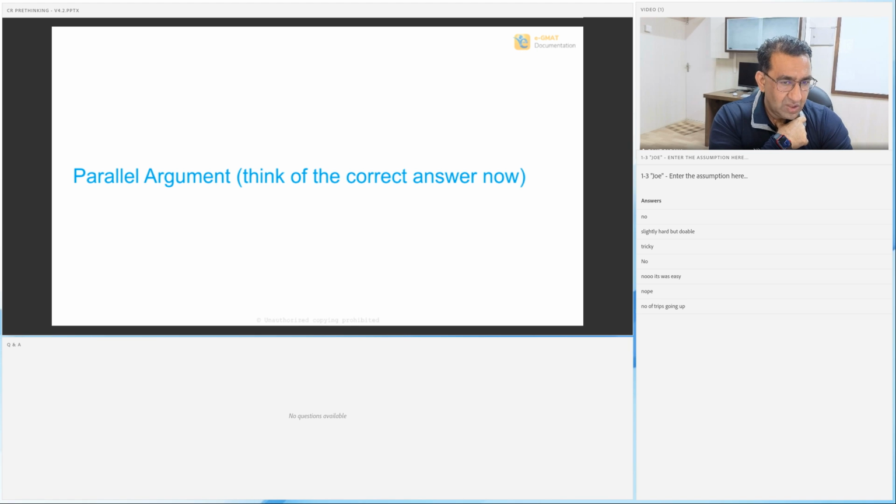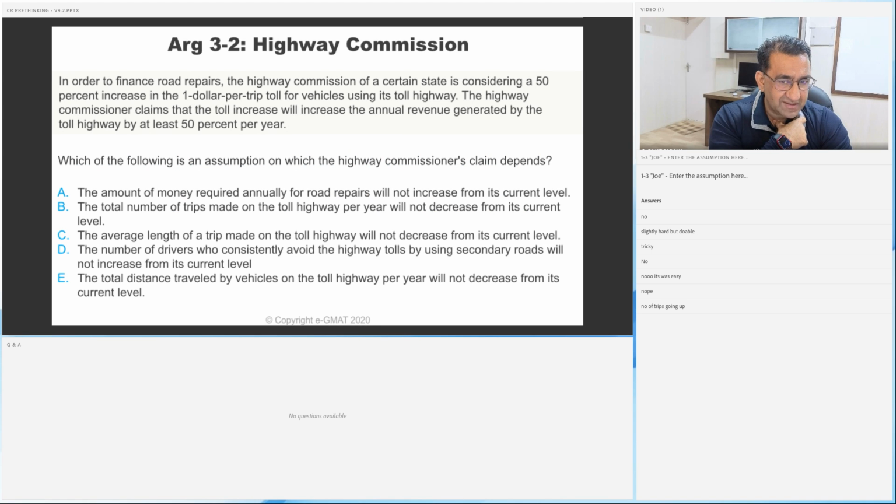Now, which choice do you think is correct in this argument here? I've just made this modification. Which choice do you think is correct now? B, right?